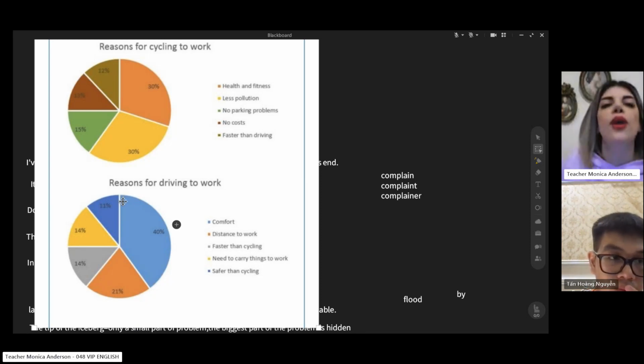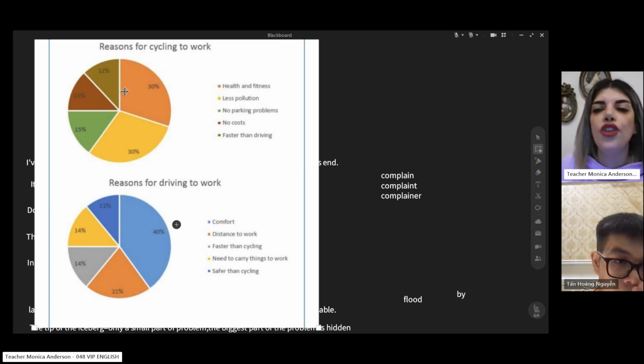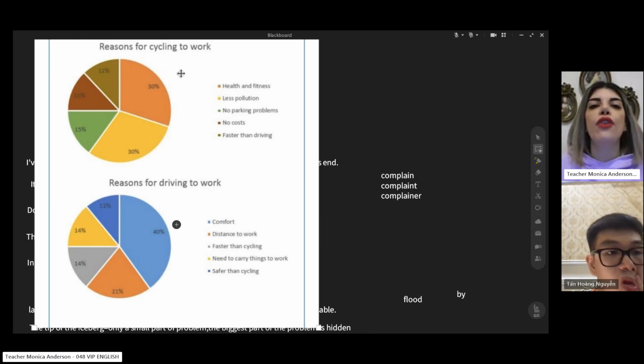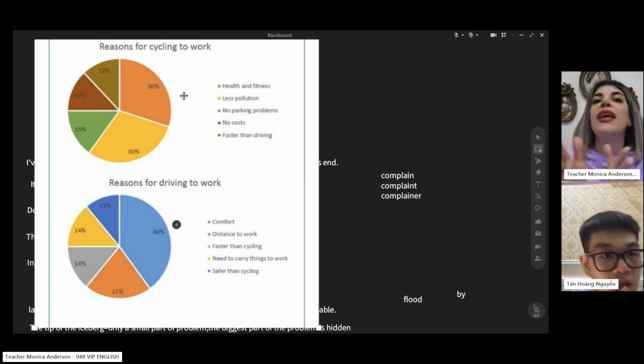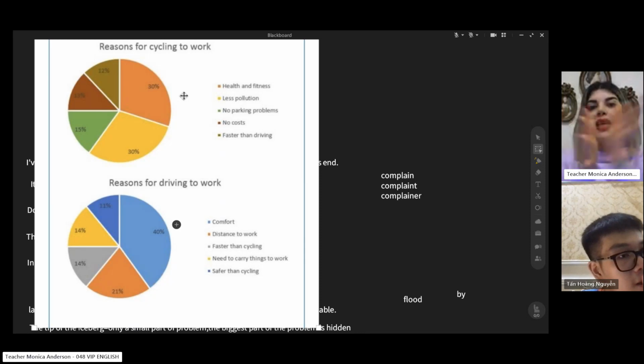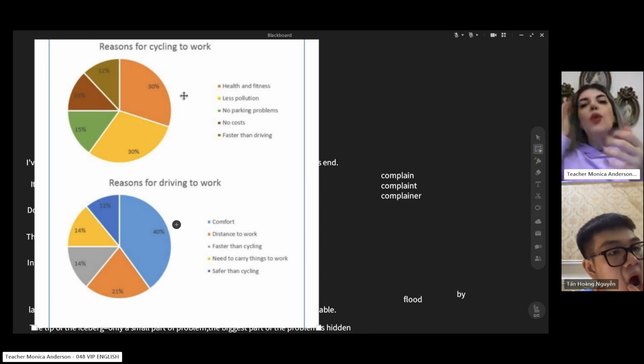Now, first of all, the largest proportion of people who cycle have made this choice for health and for less pollution, or for environmental reasons, for example, less pollution. And whilst, now let's make a contrast comparison.